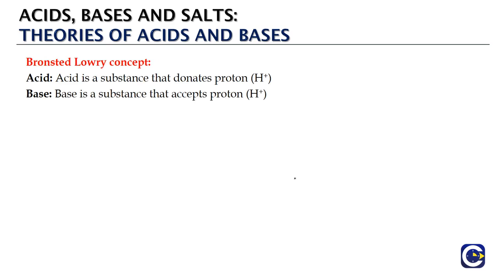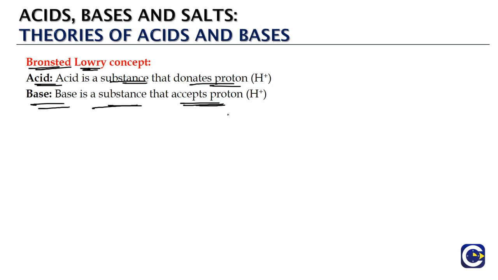Now to define what is an acid and what is a base in a more comprehensive manner, the Bronsted and Lowry theory has been proposed. It is a very simple theory: as per the theory, an acid is any substance that can donate a proton. So it is not about whether it is able to donate when dissolved in water or by itself. And a base is a substance that will accept a proton.